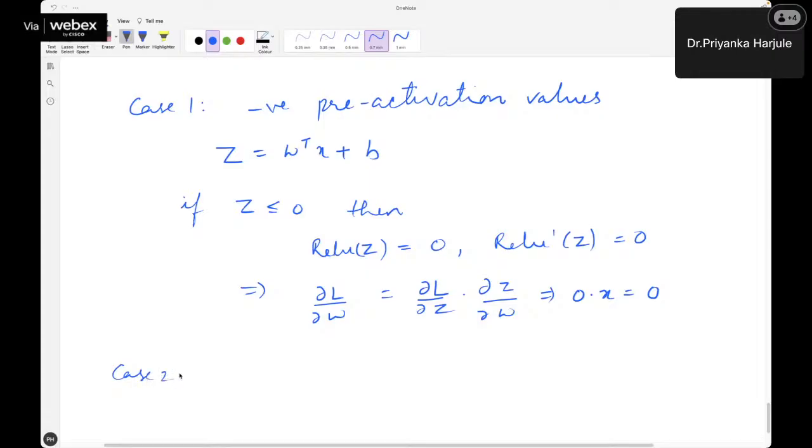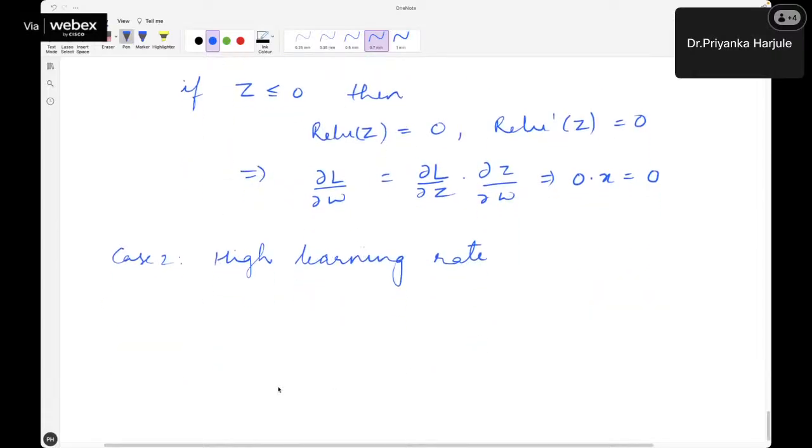Case 2 is when you have high learning rate. So in this case, if the learning rate is too large, that is eta is too large, then in that case, what can happen?